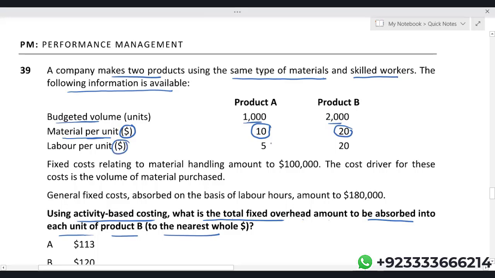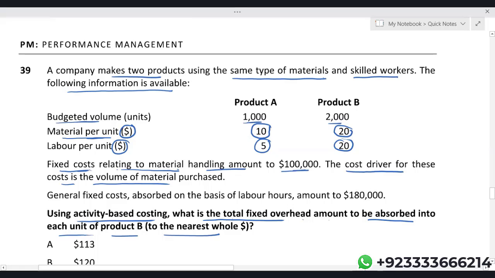Labor cost per unit is $5 and $20. Fixed cost relating to material handling amount $100,000. The cost driver for these costs is volume of material purchase.